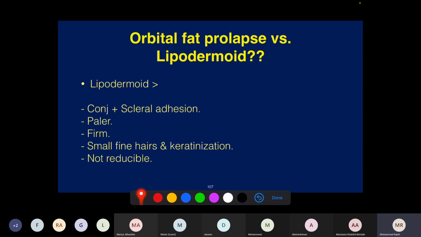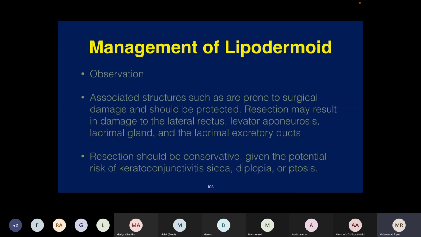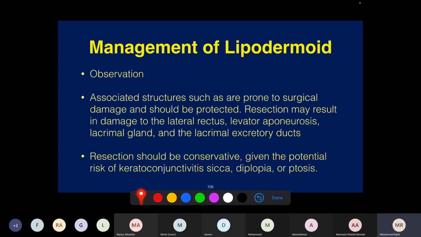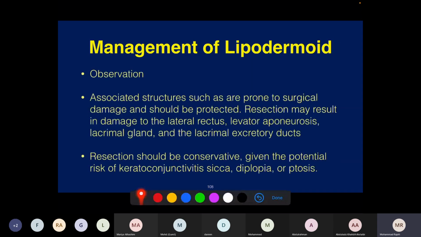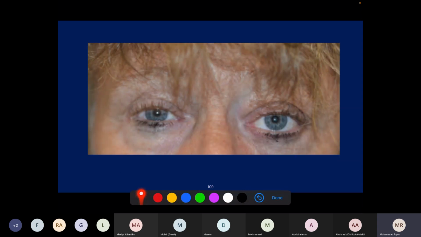When you do retropulsion, it's not prolapsing like the fat. And of course, the history, it's very important. It's present, it's congenital. Usually, I don't like touching lipodermoid, honestly, unless the patient is fully aware of complications.